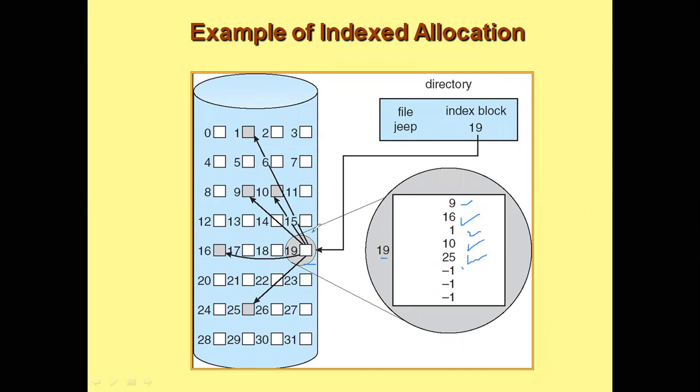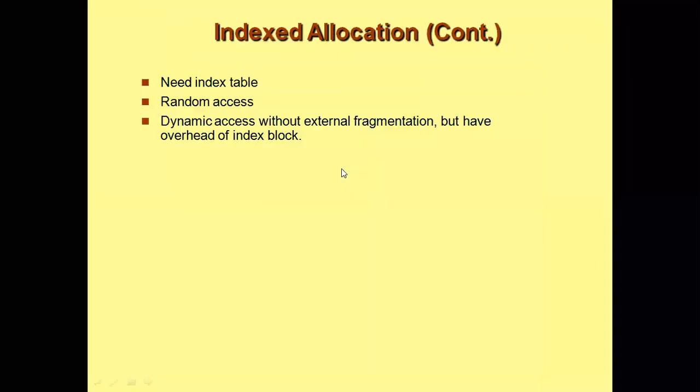All these are pointers to each of the blocks. 19 is pointing to 1, 10, 9, 16, 25. So there is only one block which contains pointers to all the other blocks. You have only one piece of information here, which is the index block, 19. If you go to block 19, it will contain the pointers to the other blocks. So this is better than the previous two.